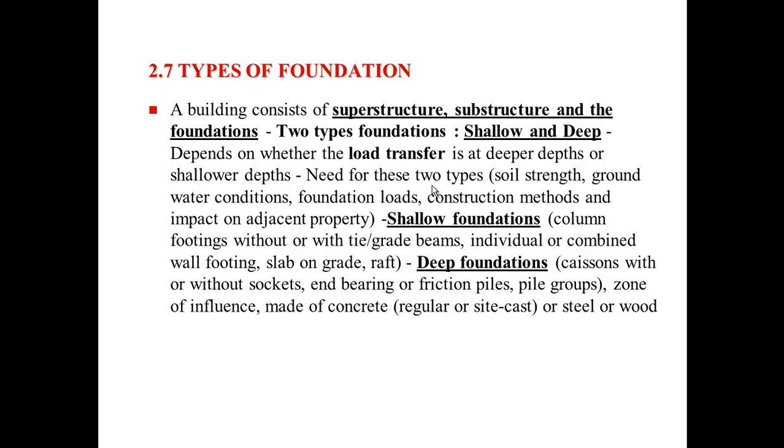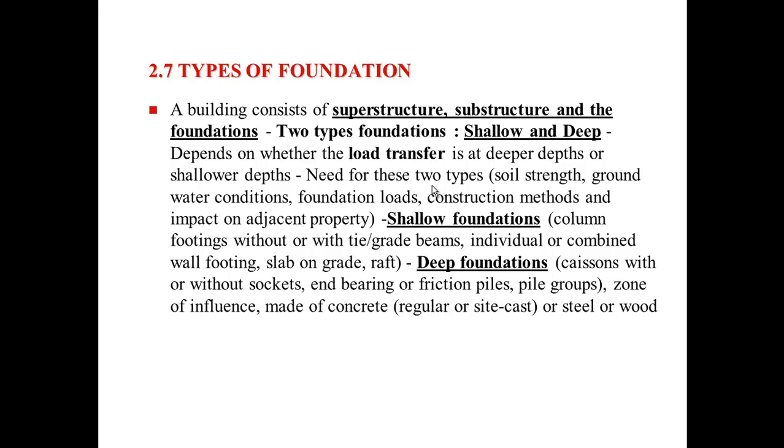A building consists of a superstructure, a substructure, and a foundation. The two types of foundations are either shallow or deep, depending on whether the load transfer is at deeper or shallower depths. The soil strength and groundwater condition, the foundation loads, the construction methods, and the impact on adjacent property are all key factors.